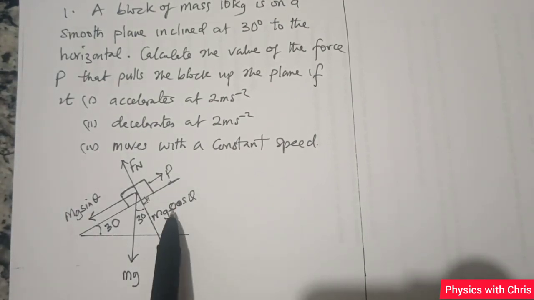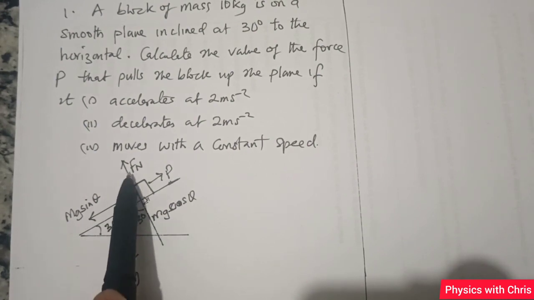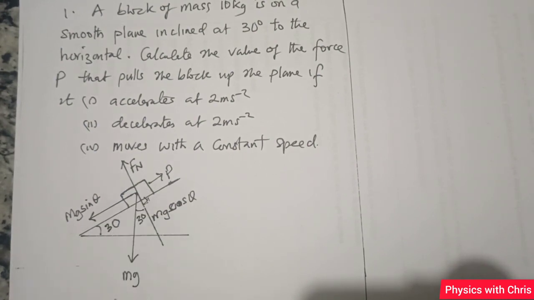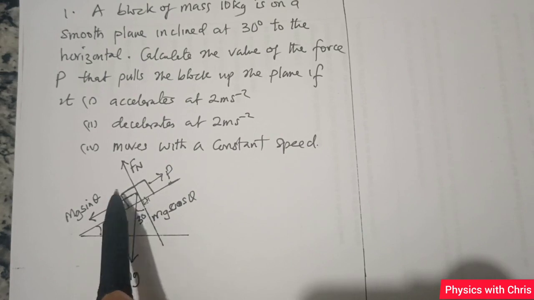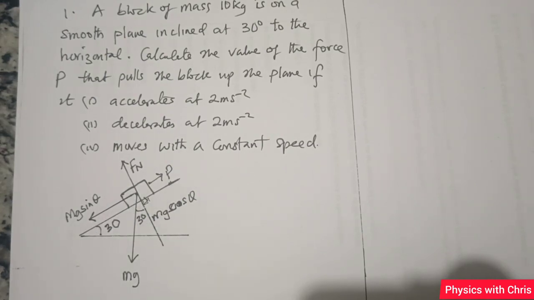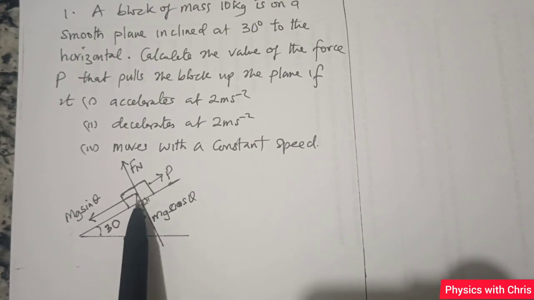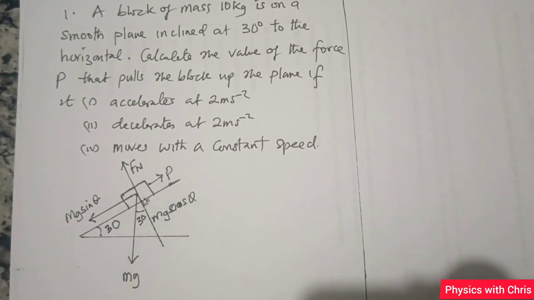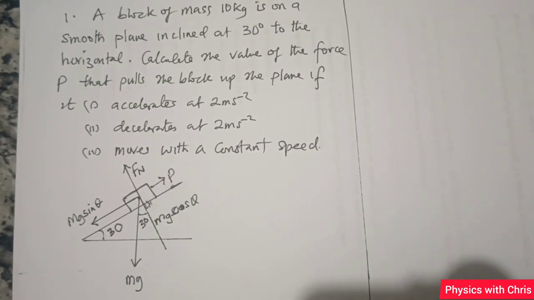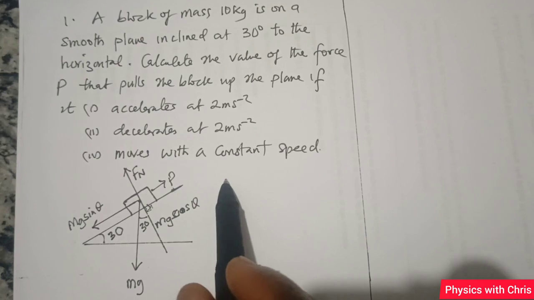Now, this component tends to balance the normal force that acts from the surface of the plane. So these two forces are balanced because there's no motion in this direction. We only have the block moving along the surface of the plane. So let's look at the first question.